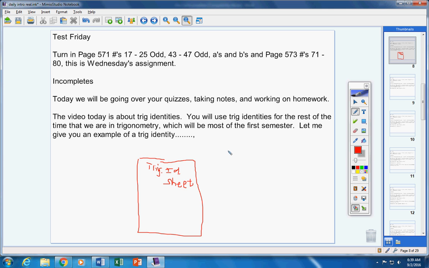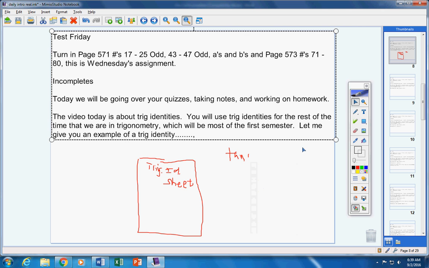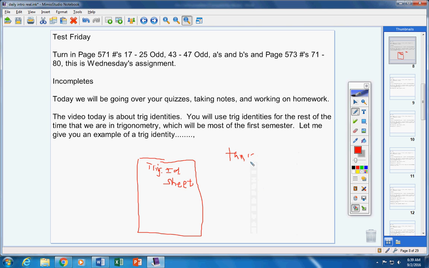Like here's one: tangent of an angle equals sine over cosine. That's a trig identity. Here's another one: sine squared of theta plus cosine squared of theta equals 1.